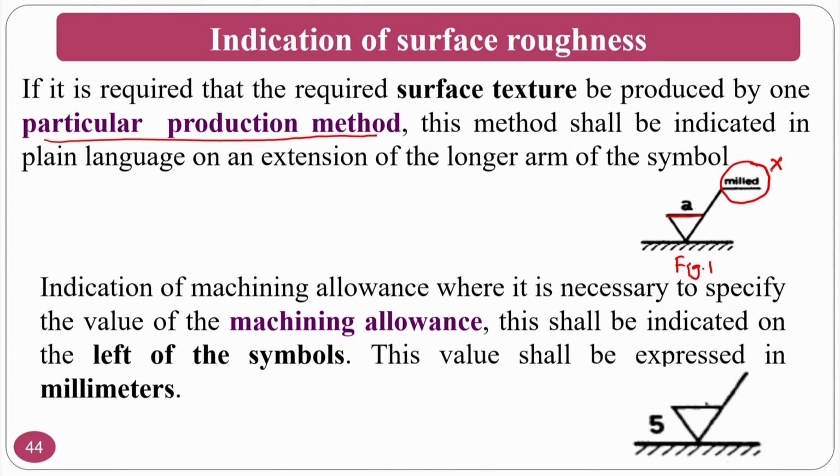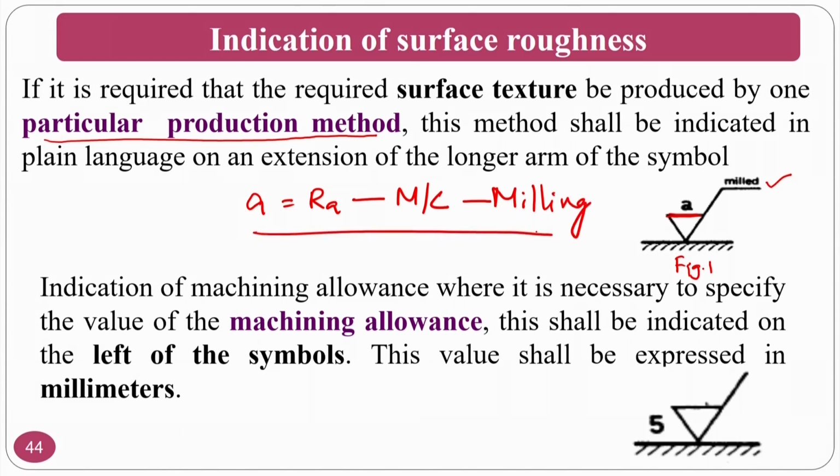If a special requirement is given by the customer, then you have to do the machining by the milling process only. A is the surface roughness to be achieved by machining, and that too by milling. That is the meaning of this.